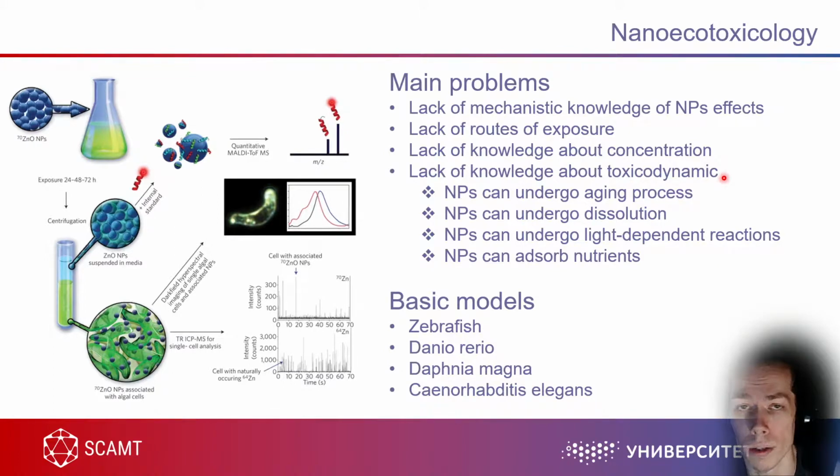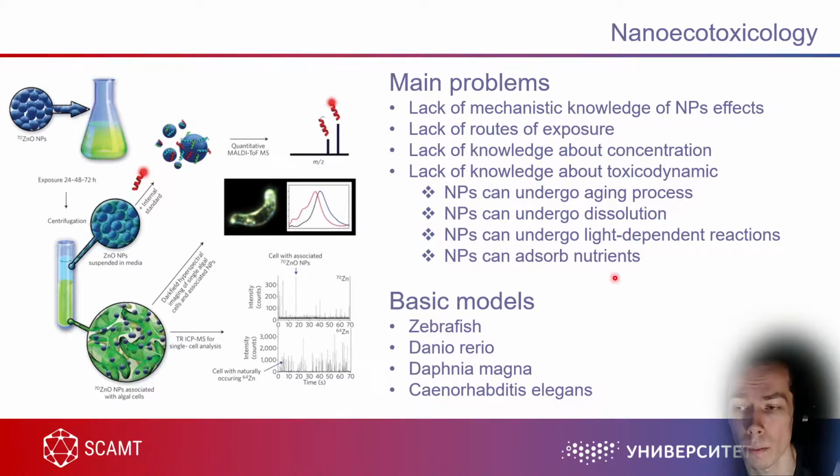So for example, in a lake, what will happen with these nanoparticles? Because nanoparticles can undergo some aging process. They can decompose, not into other nanoparticles, not into other elements, but they can oxidize, or maybe they can dissolve. There can be some light-dependent reactions, and if you take, for example, a probe of water, it's already a question where to store it to avoid some reactions.